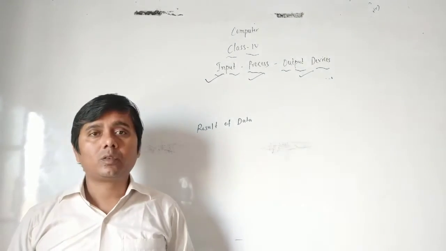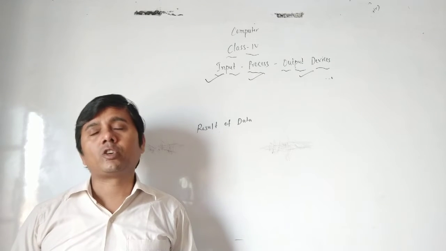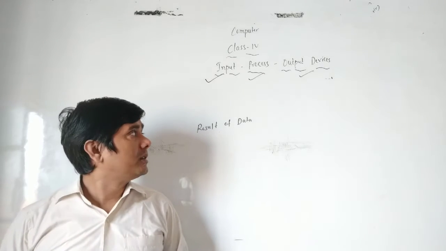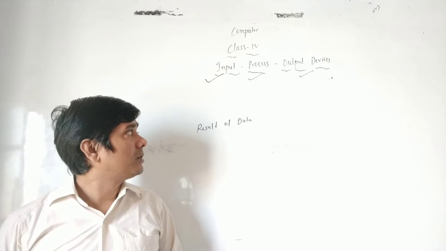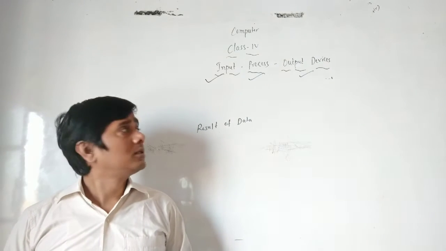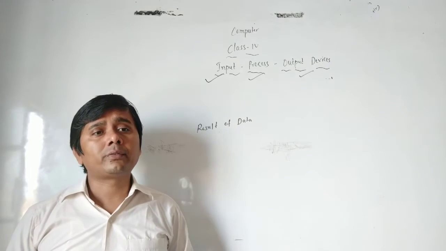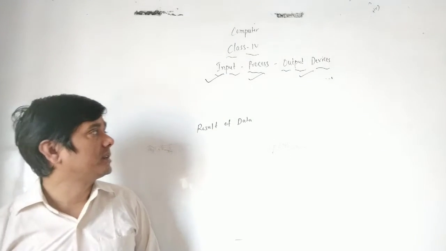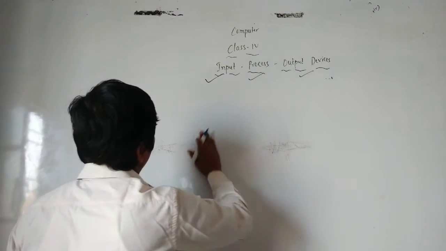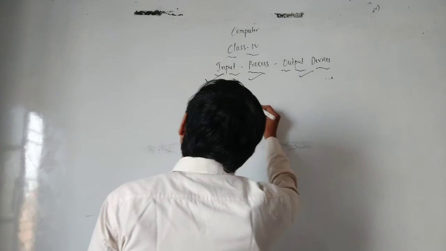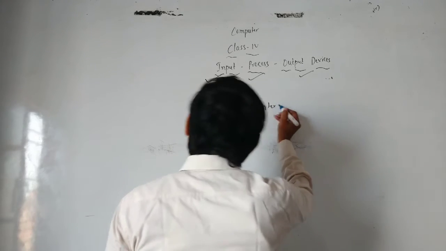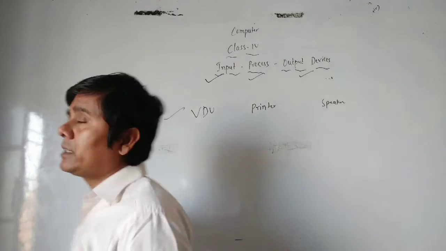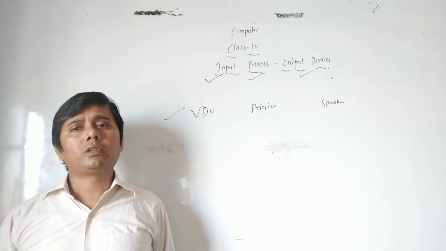It gives the result after processing of data. We can see the result on different types of output devices such as VDU, printer, speaker. These are output devices.